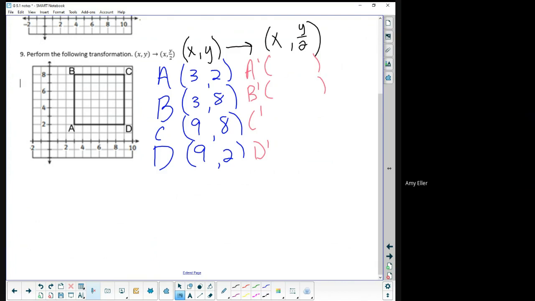Here's a piece of advice. I would do all of the x's first. I wouldn't do point A, B, C, D. Here's why. The x, according to this formula, is going to stay the same. So these x's are going to be exactly the same. It's easiest to just copy those down.